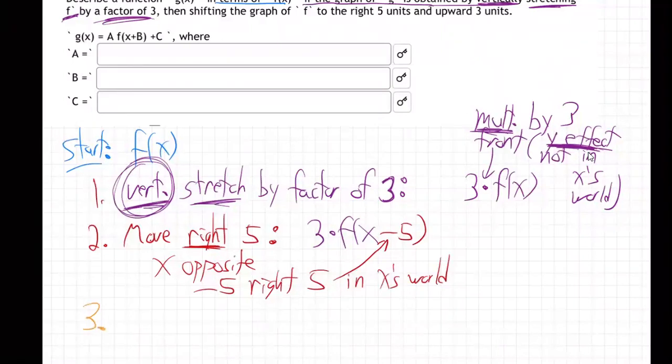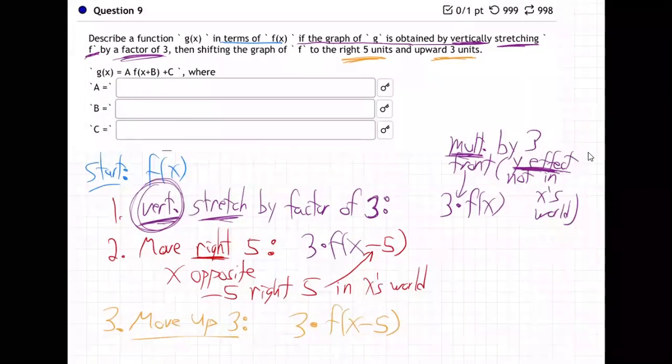Okay, last step, step 3. Now they say up 3. So move up 3. What is going to move this graph? We've got 3 times f of x minus 5. And then we've got to move it up 3.